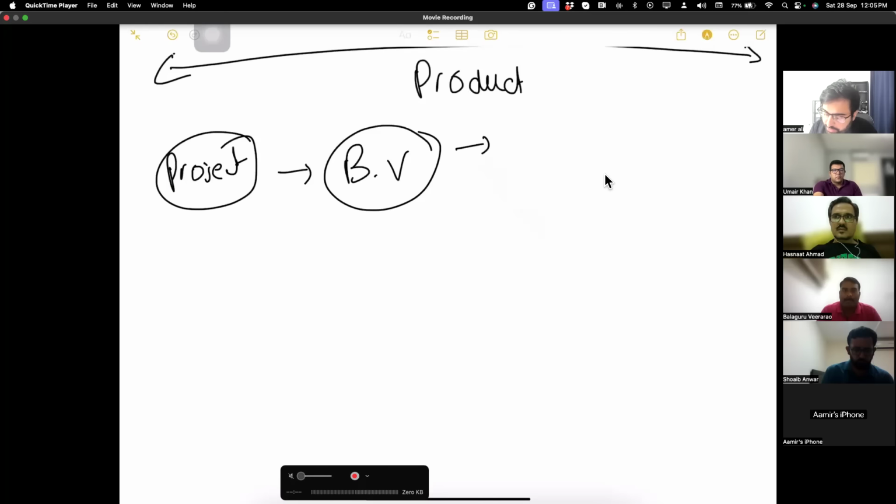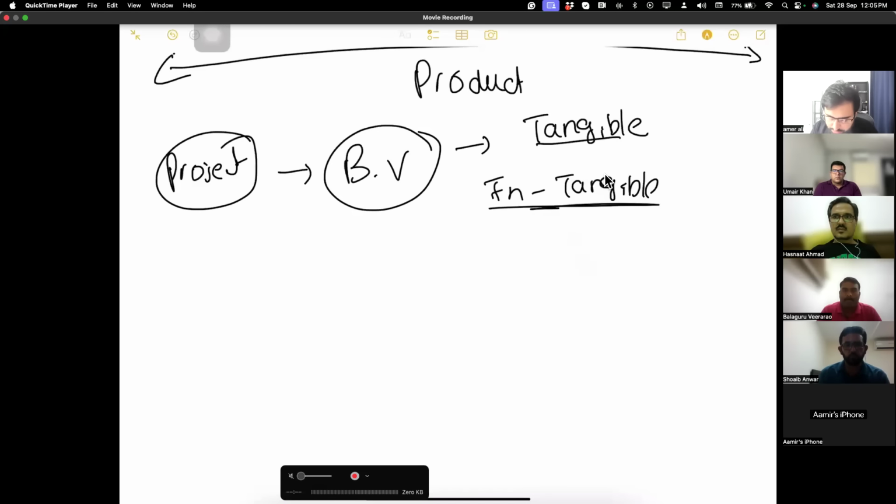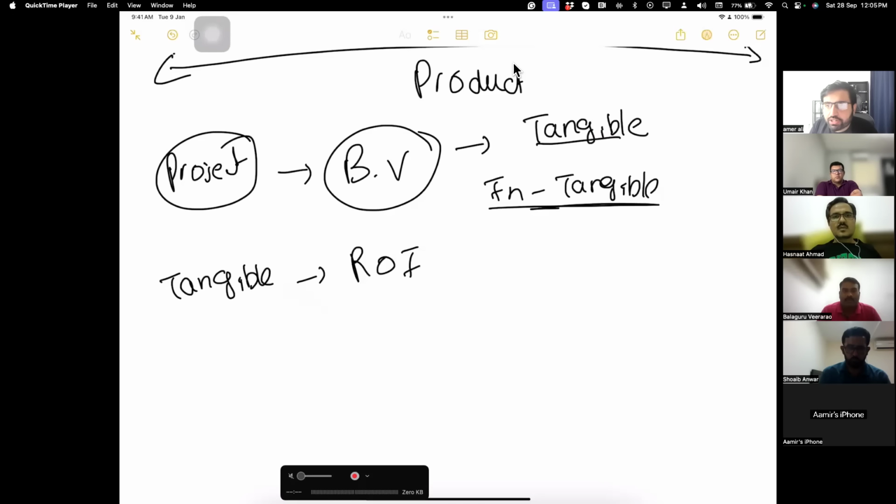What is business value? Business value is a combination of tangible, the money part, and intangible, the non-money part. Tangible is straightforward: your cash flow, your return on investment, how much money you are getting.